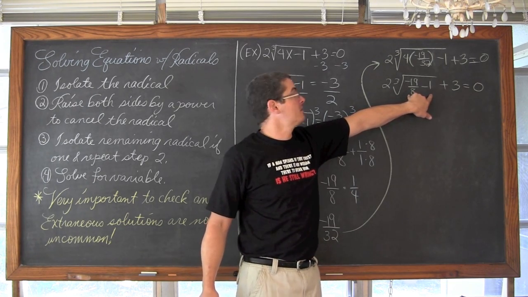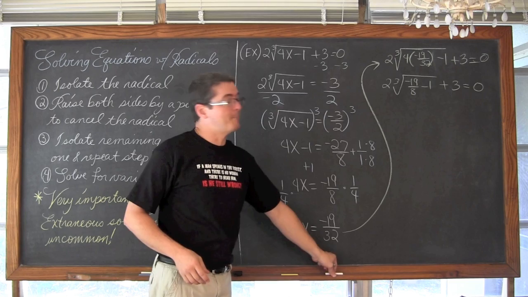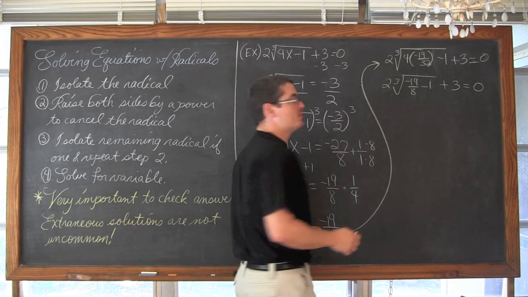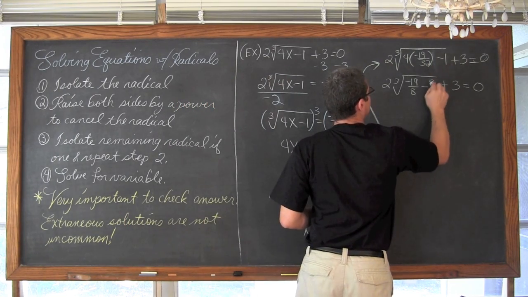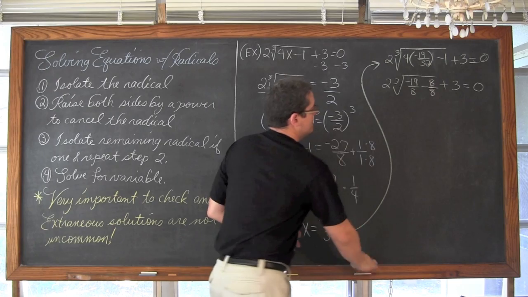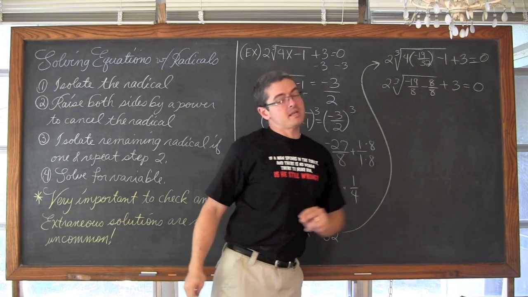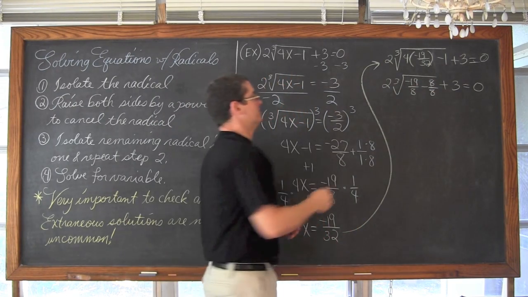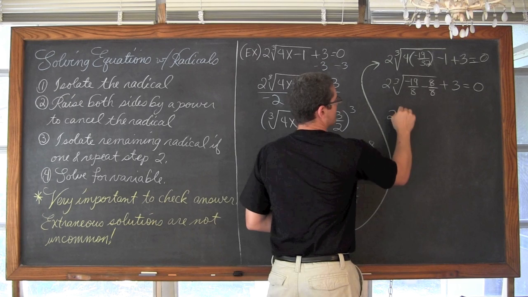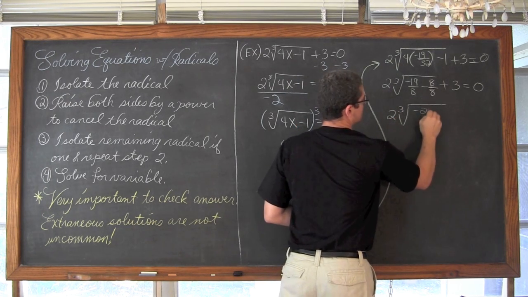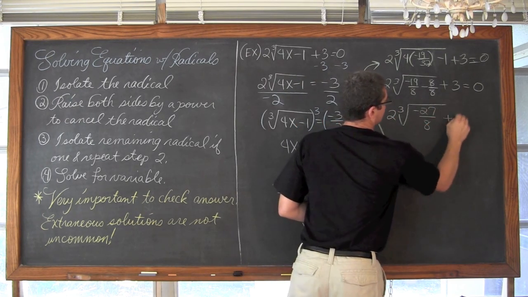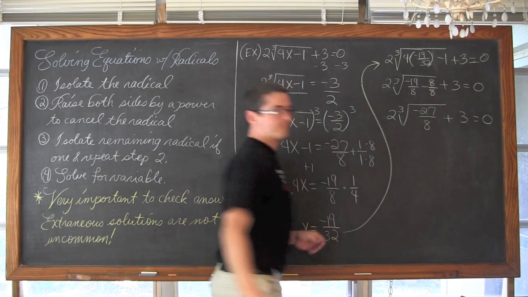So we need, again, common denominators. So we're going to turn that minus 1 into minus 8 over 8. And negative 19 minus 8 is negative 27. So we have 2 times the cube root of negative 27 over 8 plus 3 equals 0. Sorry about the squeak in there.